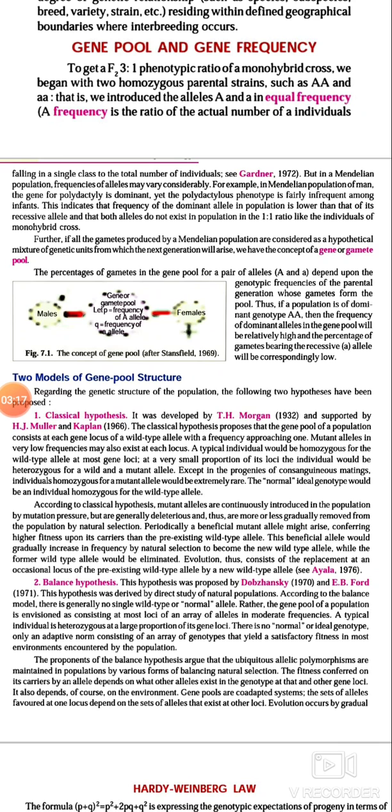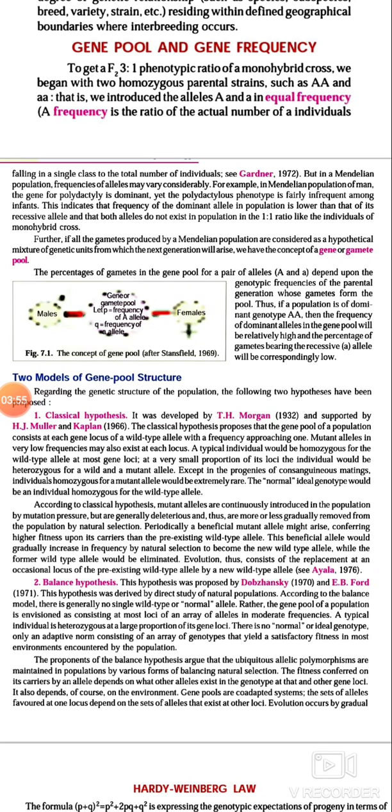Further, if all the gametes produced by a Mendelian population are considered as a hypothetical mixture of genetic units from which the next generation will arise, we have the concept of a gene or gamete pool. The percentages of gametes in the gene pool for a pair of alleles depend upon the genotypic frequency of the parental generation whose gametes form the pool.